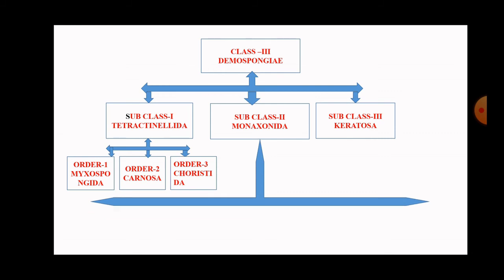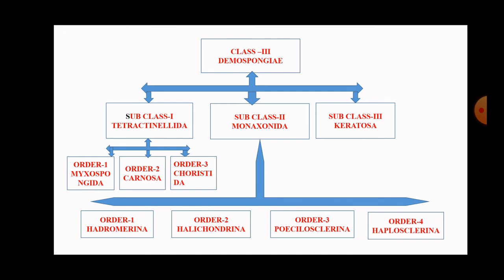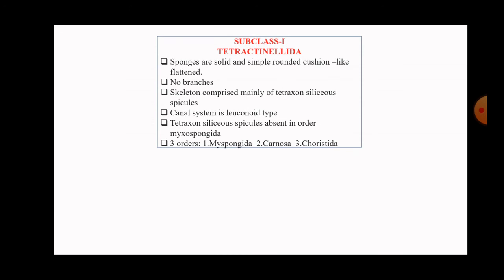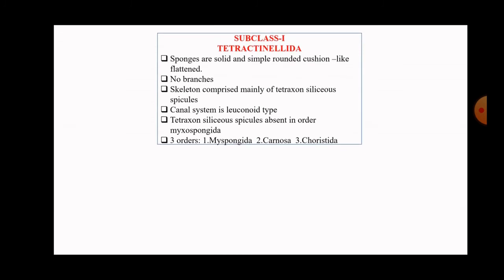It can again be divided into four orders. Order 1 Hadromerina, order 2 Halichondrina, order 3 Poecilosclerina, order 4 Haplosclerina. Now let us see in detail the Demospongiae class.